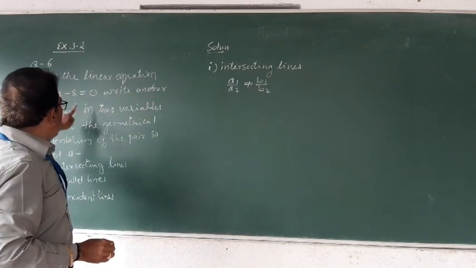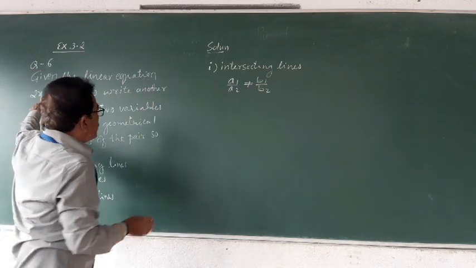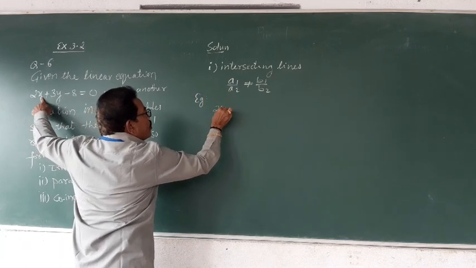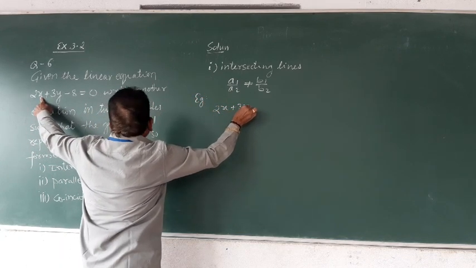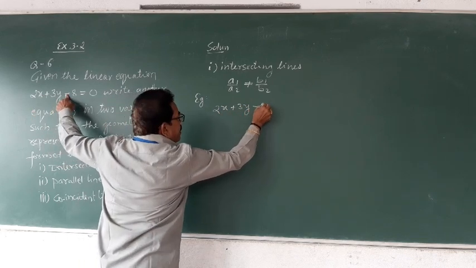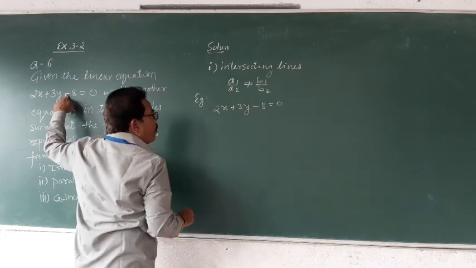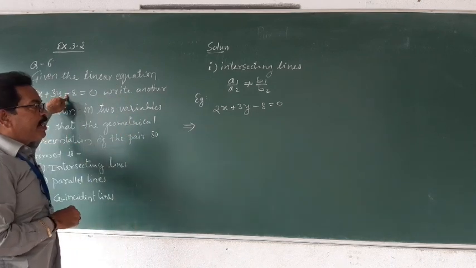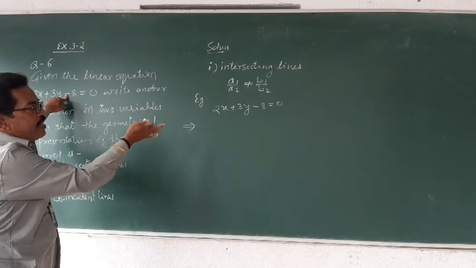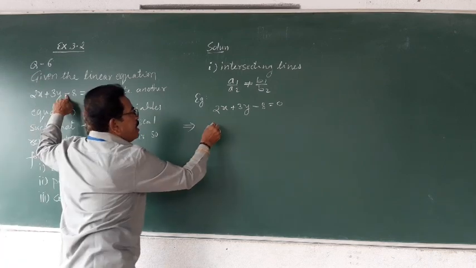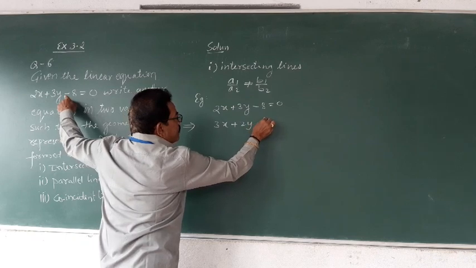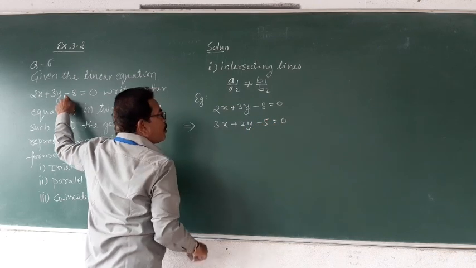One equation they have given, 2x plus 3y minus 8 equals 0. Now the new one, that is what we have to find. Let us exchange the coefficients of x and y. That is 3x plus 2y minus 5 equals 0.